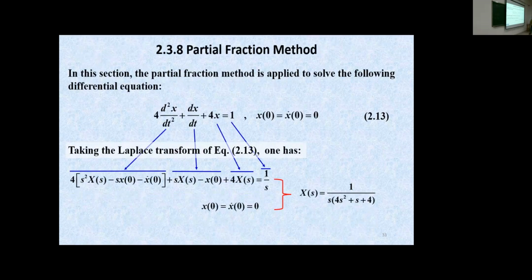And we want to solve the following differential equation. That is to say, this little x is a function in time domain. So the final answer you want to get is in the time domain.